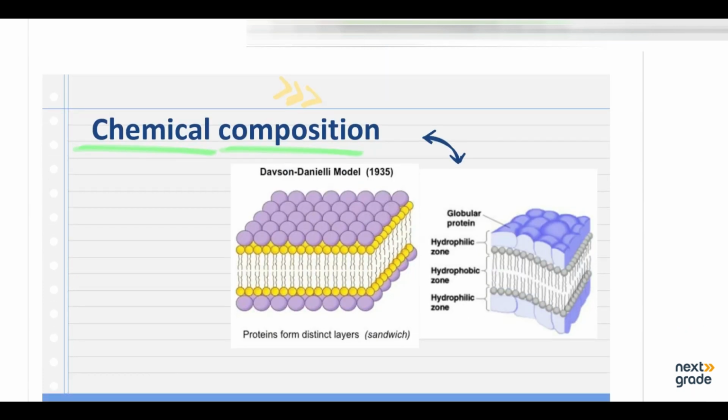So, chemical composition. If we look at the chemical composition, the cell membrane is chemically composed of lipids and proteins.